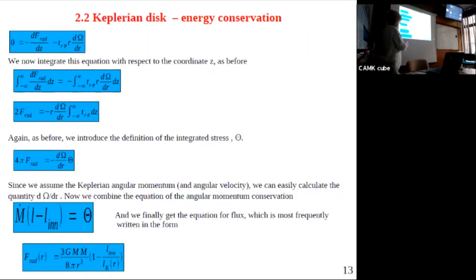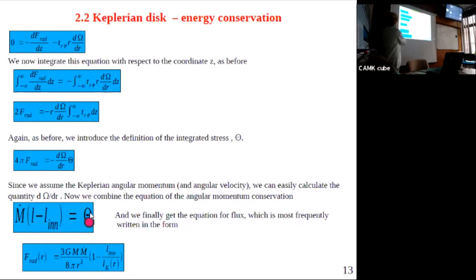And this form now is ready to do what we did before. So we integrate this over this coordinate z. This is simple because then it gives us just the flux at the disk surface, and that's it. Or actually two fluxes, because one is on the top, one is at the bottom. And here we can return to this value theta, the integrated viscous stress, which we introduced before. So we have something like that.